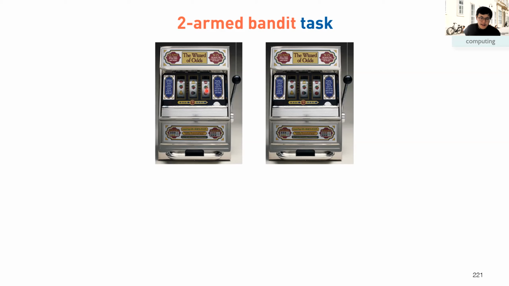If the 3 icons are the same, maybe grapes or cherries, whatever that is, then you gain some money, right? The idea of having 2 machines is that maybe one machine is more rewarding. If you play with it, you might win money more often.